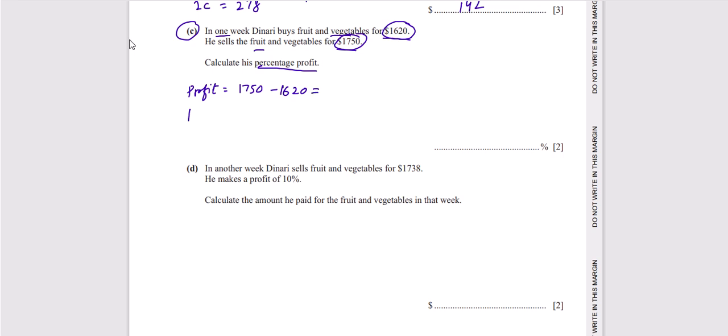So 1750 minus 1620 is equal to 130. This is the profit. Now we have to find the percentage of profit.